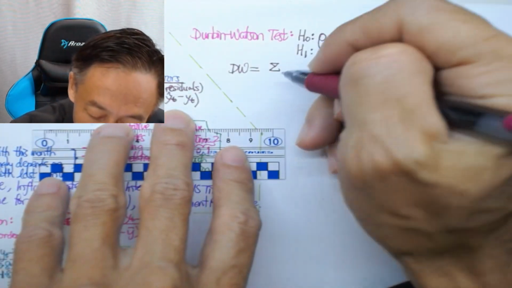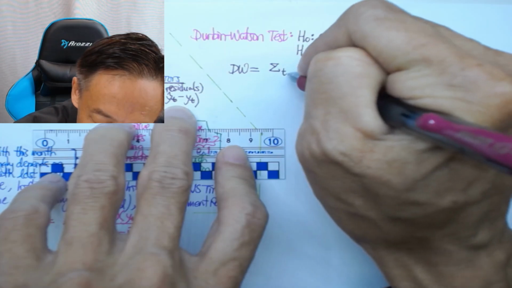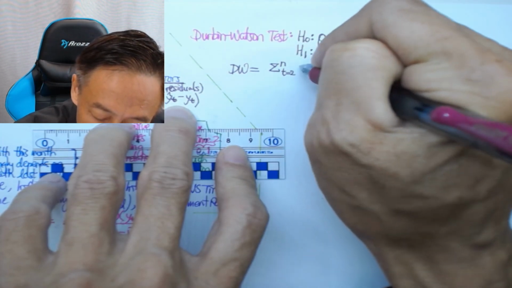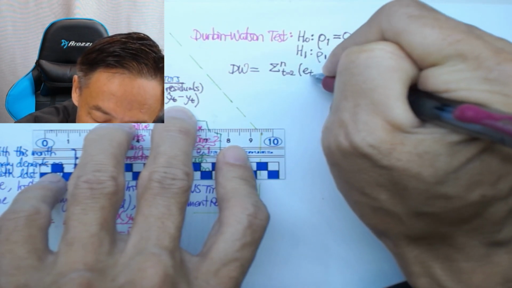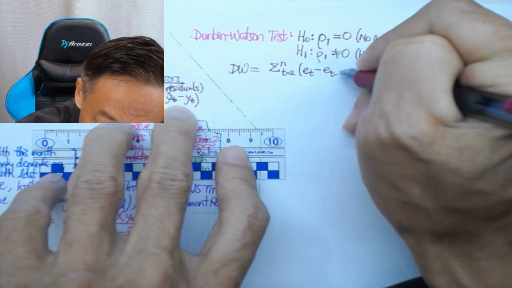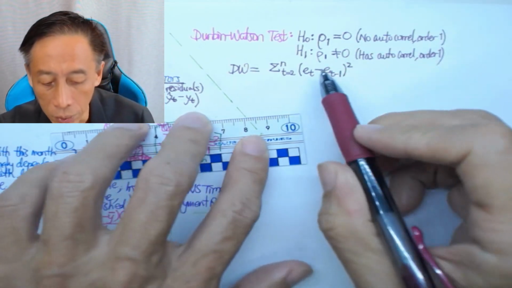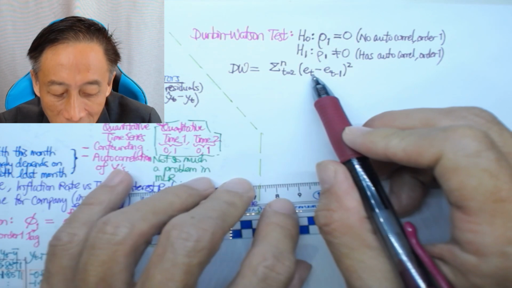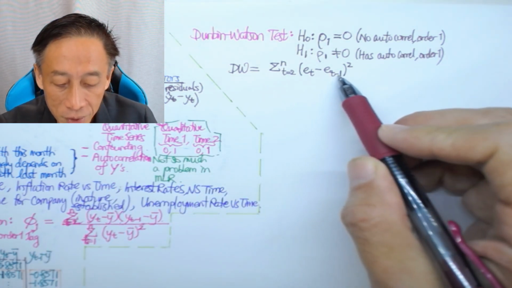So we do this: the sum from t = 2 to n of (e_t minus e_{t-1}) squared. Now, let's look at this one first. This is the residual or error at time t, minus the previous error.